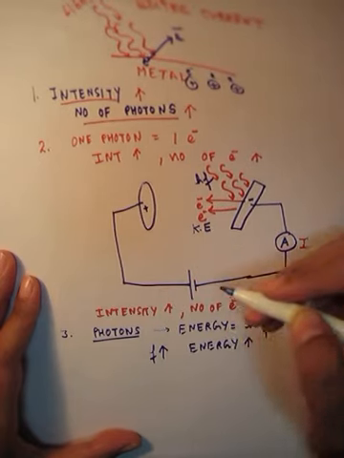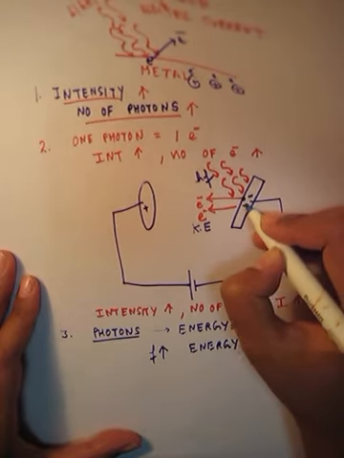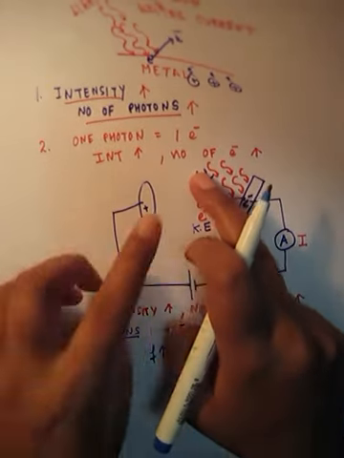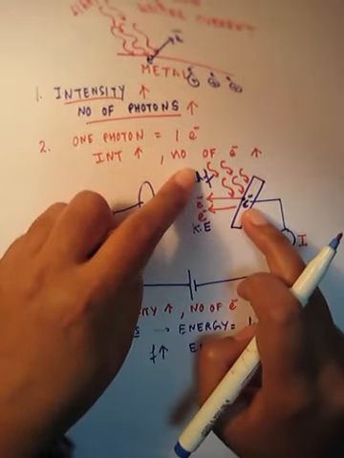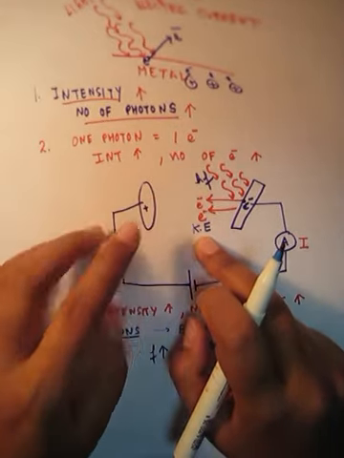Okay, and when the electrons are on the metal, these photons use some energy to free the electron, and some energy is left as kinetic energy.